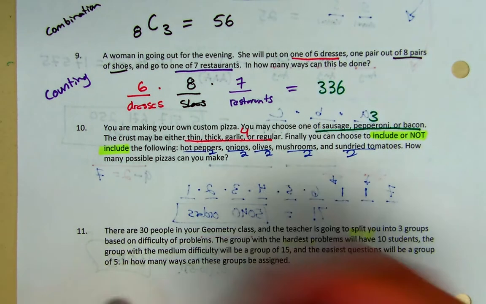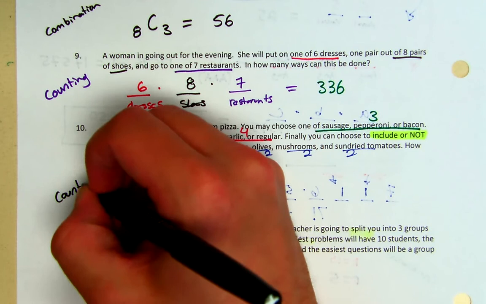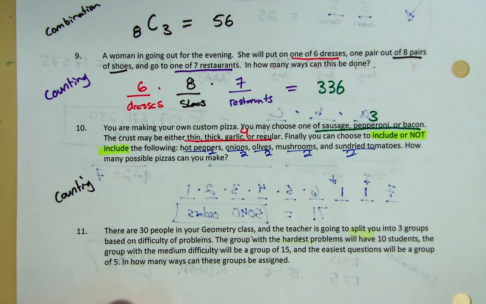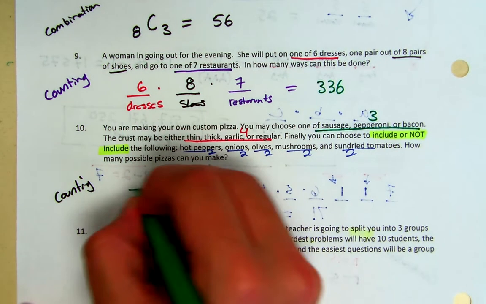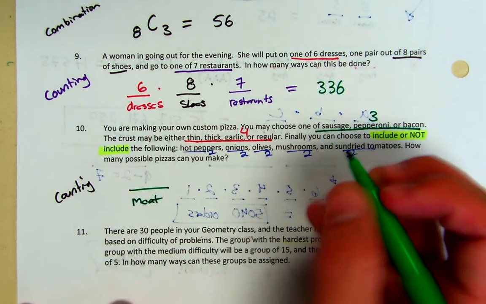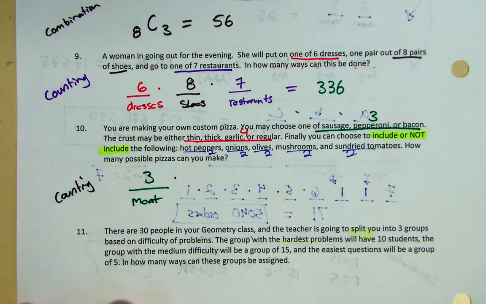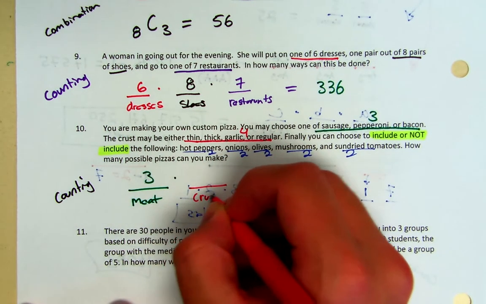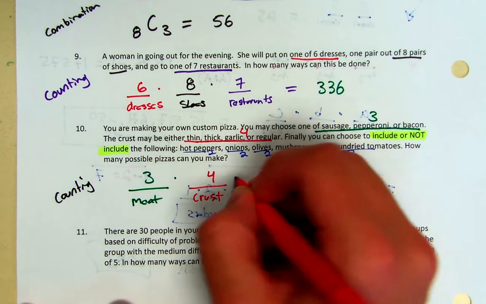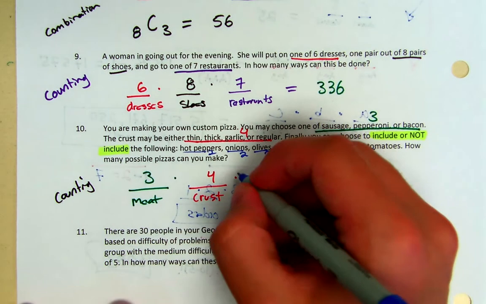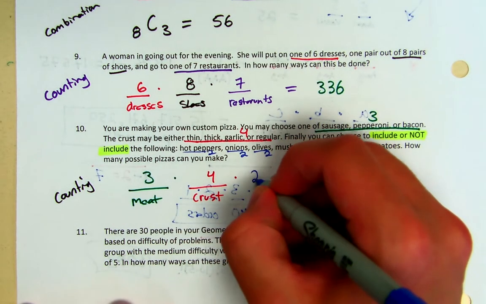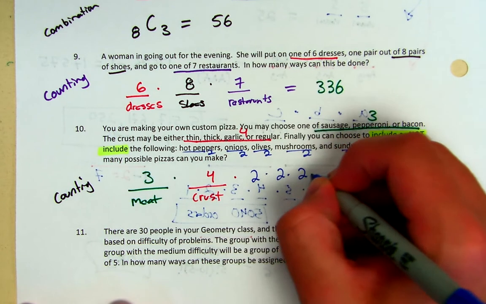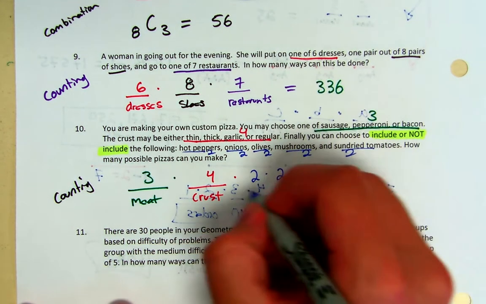So this becomes a counting problem where I have my meat on my pizza. There's 3 different ways to choose that. I can choose the crust of my pizza, 4 different ways. And then I've got a bunch of different ways to do toppings. 2 times 2 times 2 times 2 times 2.